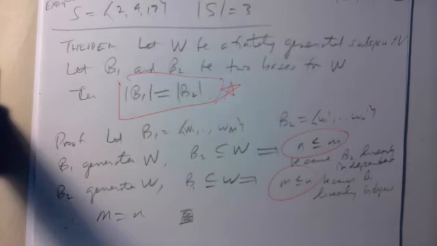Well, the definition of a basis for a subspace is a set of vectors that has 2 properties. It generates the subspace, so every vector in the subspace is a linear combination of vectors in the basis. And the set of vectors in the basis is linearly independent. So that's the definition of a basis.